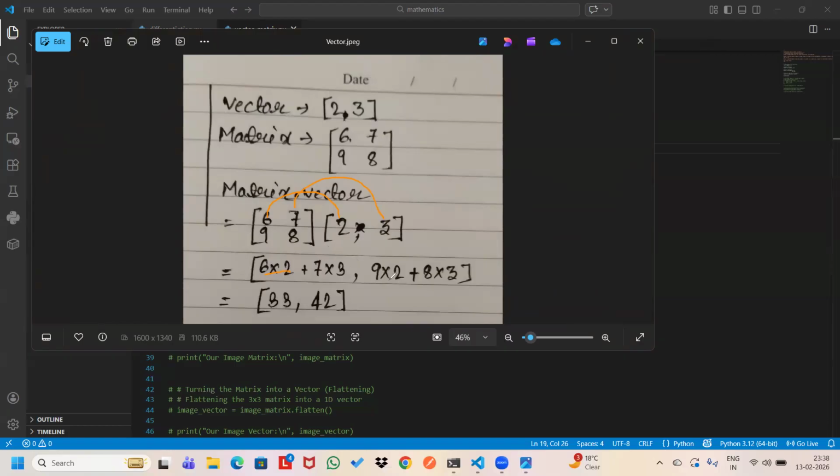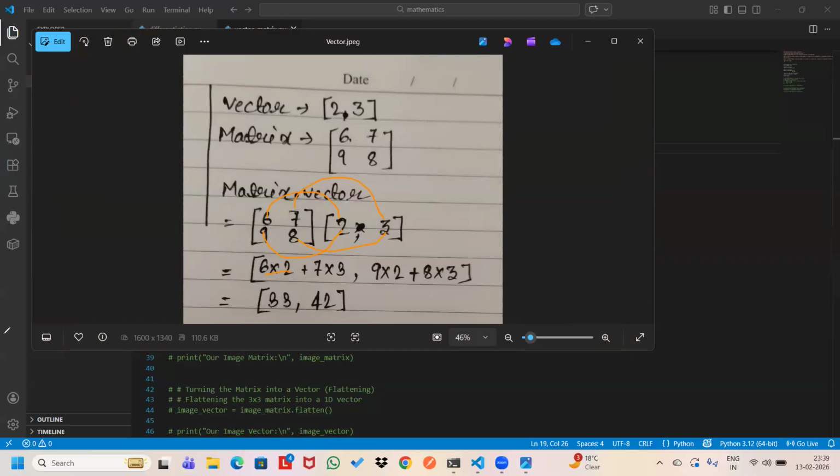I'm just telling you a very basic concept of multiplication. Then you will do the same thing for 9 into 2, plus 8 into 3. Now you will get the answer: 6 into 2 is 12, and then 21, so 33, and then 42, in this way.